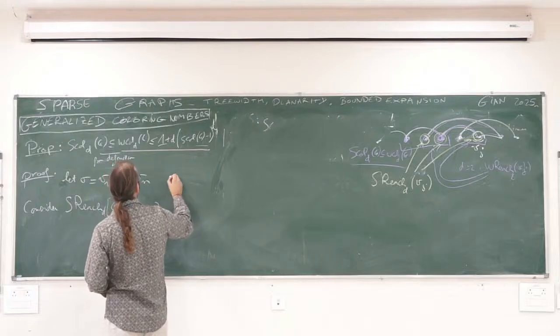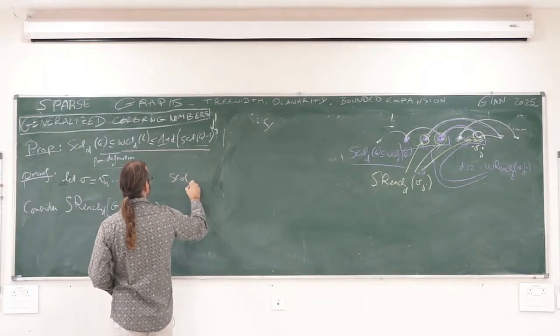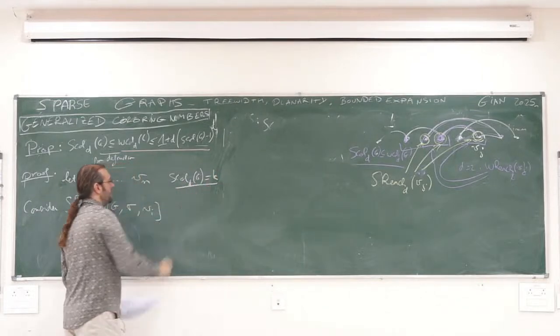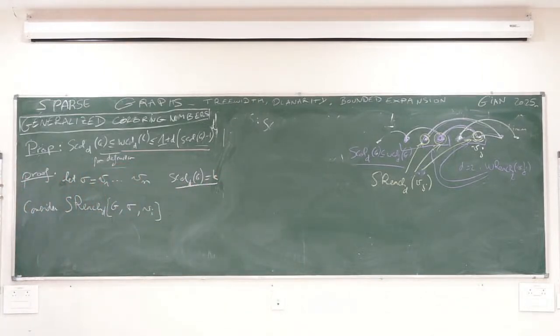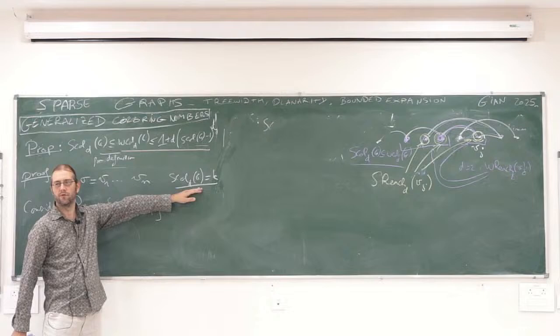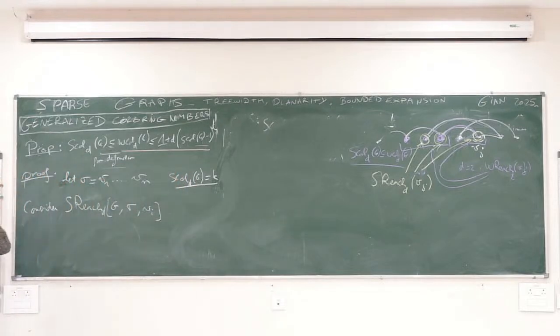Let's say that the strong coloring number of G is k. So I take it back, I don't take any ordering. I will take the one which gives me the best strong coloring number. Okay, I can do that.